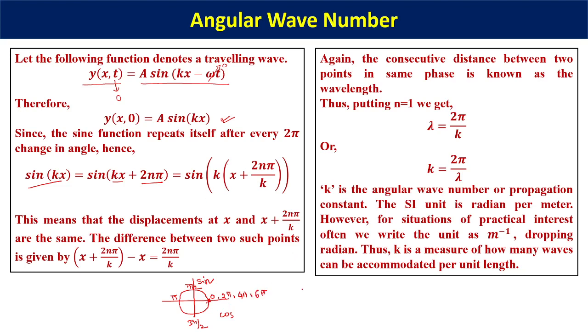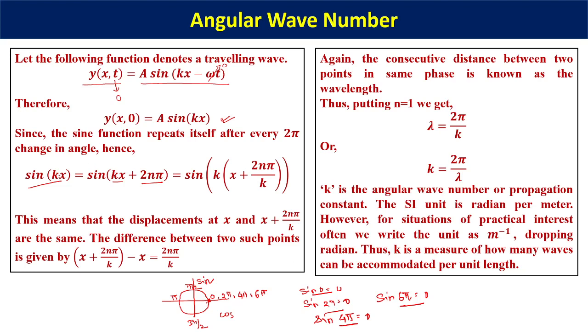Sine of 0 is 0, sine of twice pi is also 0, sine of 4 pi is also 0, sine of 6 pi is also 0. That means the sine value remains the same after every twice pi change in angle.